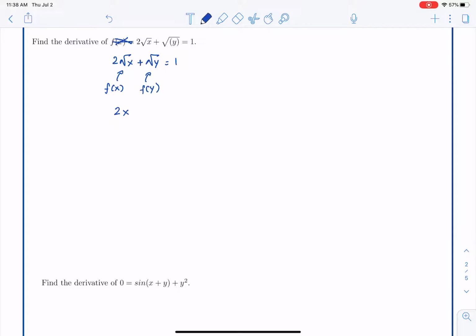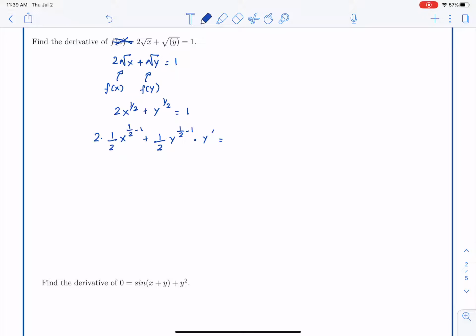So 2 times x raised 1/2 plus y raised 1/2 equals 1. The derivative of x raised 1/2 is 1/2 x raised 1/2 minus 1. We treat y as x, find its derivative, so we have 1/2 y raised 1/2 minus 1, but multiply it by the derivative of y, which is y prime.